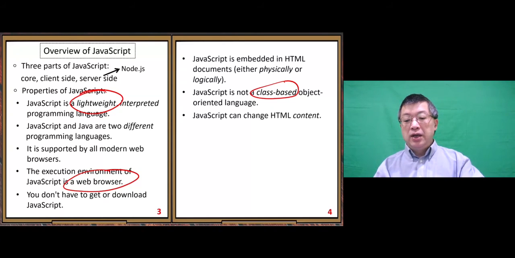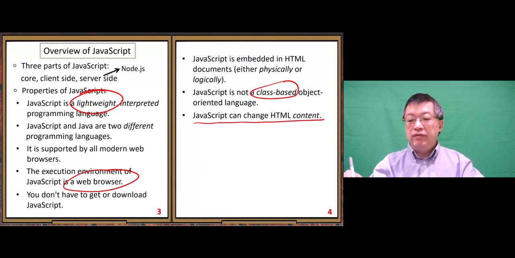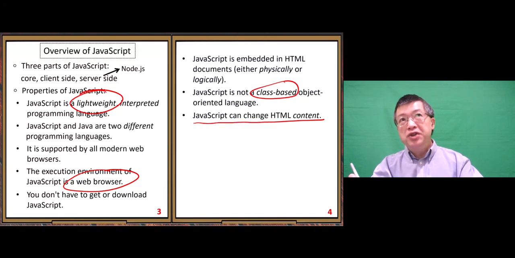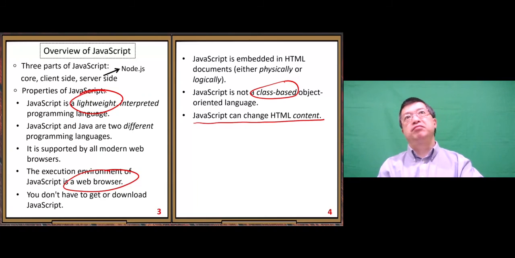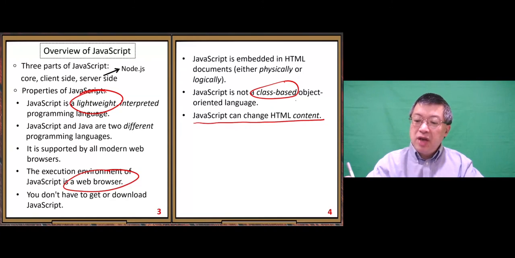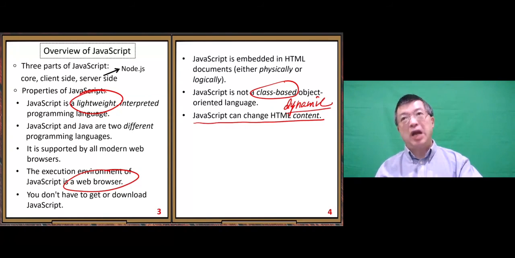Next, JavaScript can change HTML content. This one makes JavaScript extremely useful. You can change the content based on the business requirements. So you can make the HTML dynamic. Okay, so with this property, you can make HTML dynamic.